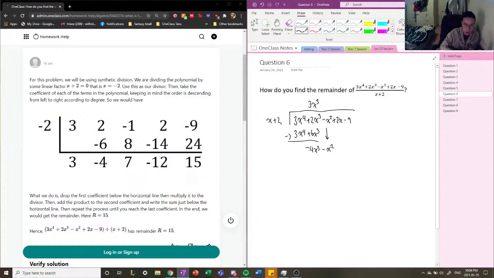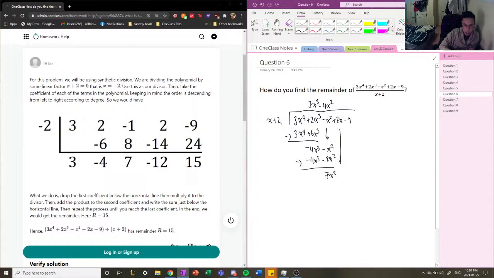So now we want to reduce this, right? So to reduce that, we're going to multiply by negative 4x squared. So if we multiply by negative 4x squared, we get negative 4x cubed minus 8x squared. And if we subtract, we get 7x squared.